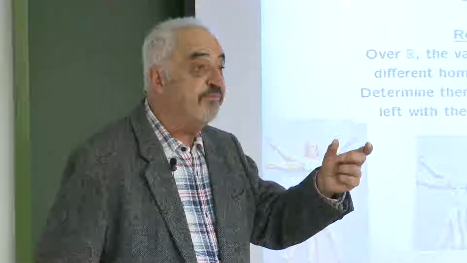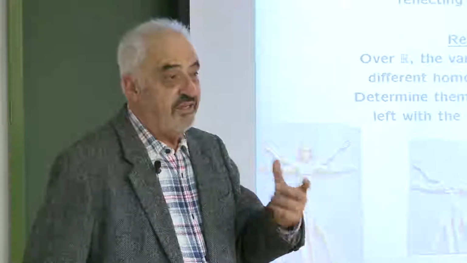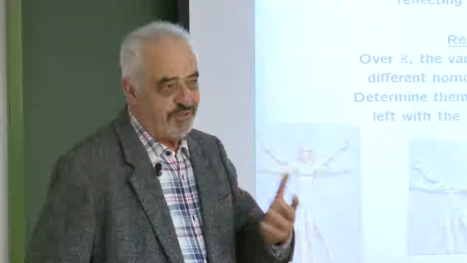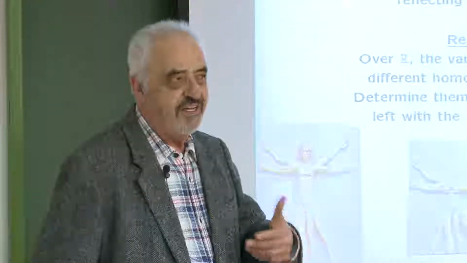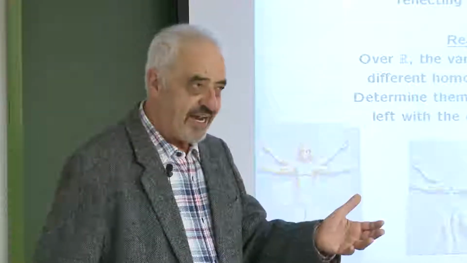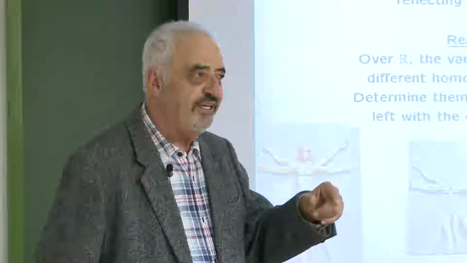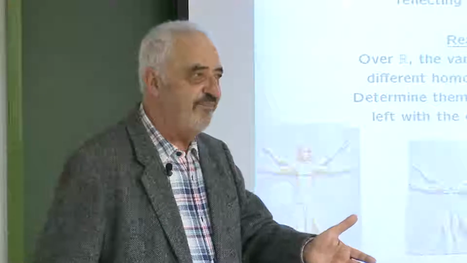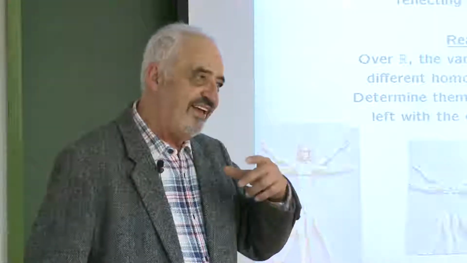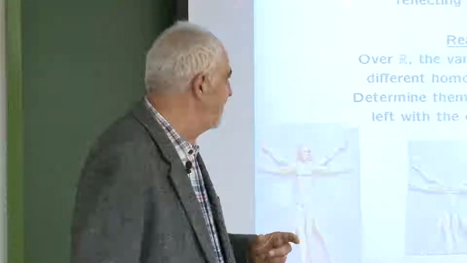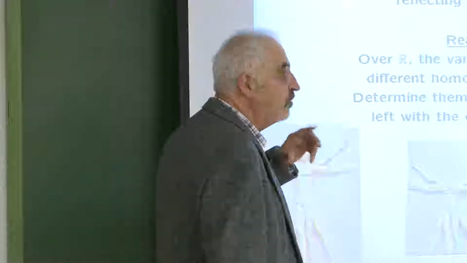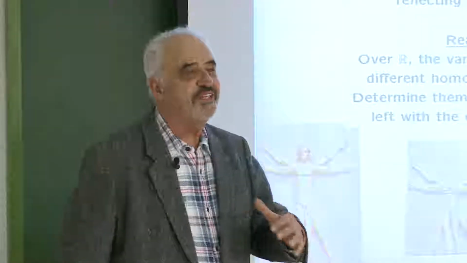And this integer part is the difference between 1/2, 3/2, 5/2, 7/2. All of them, when I do e to the 2 pi i, give me -1. But there's a difference.